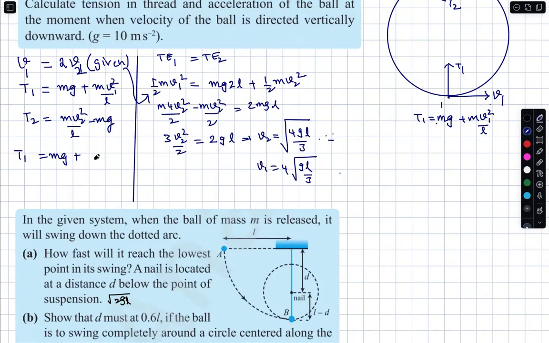What is T1? mg plus mv1 square by L. What is v1 square? 16 gl by 3. So 19 mgl by 3.